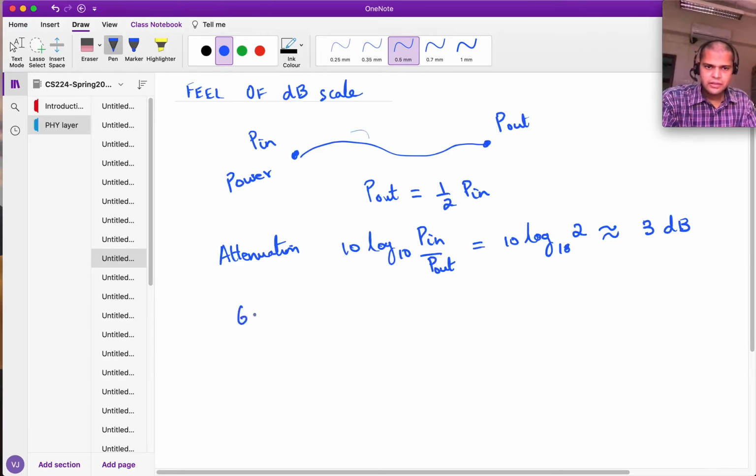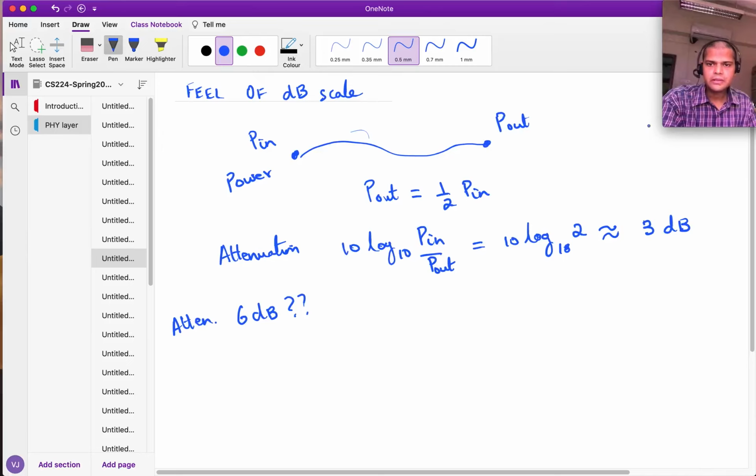So what is the meaning of 6 dB? So suppose the attenuation was 6 dB. How much of the power was lost? Right? So you can think about it, there was 3 dB loss, so power decreased by half, and another 3 dB. Right? So we said when you have wires and you connect them together, the total attenuation is the sum of attenuation in terms of dB. So really we have decreased the power by half when we got 3 dB.